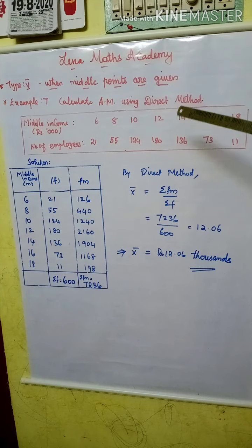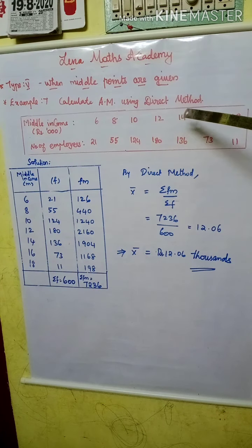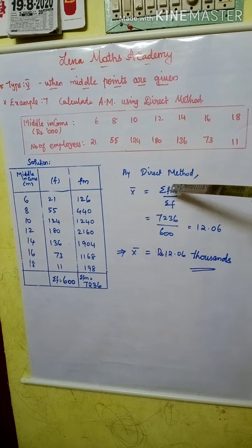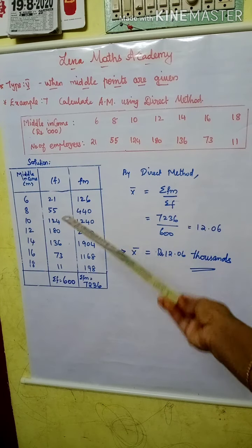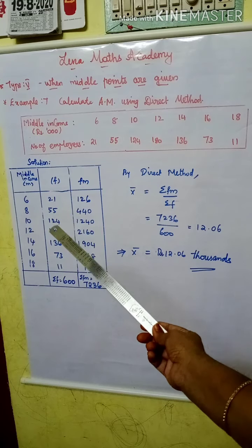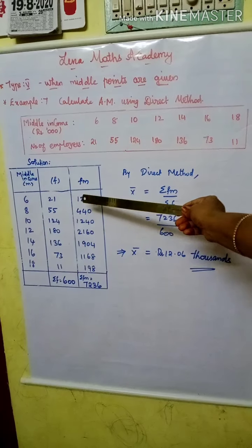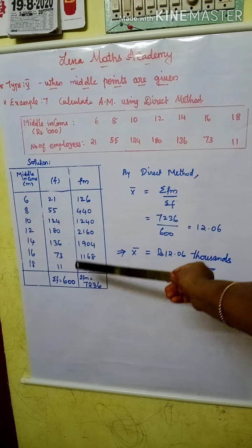Next, type 5, when middle points are given. Example: calculate the arithmetic mean using the direct method. They have given the middle values and frequencies. By the direct method, the formula is x bar equals summation fm divided by summation f. The middle values are 6, 8, 10, 12, 14, 16 and 18. Frequencies are 21, 55, 124, 180, 136, 73, 11.